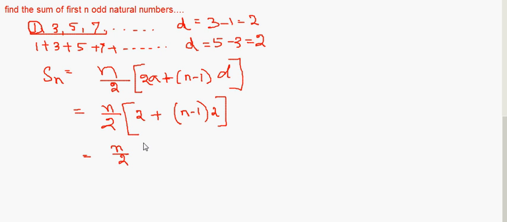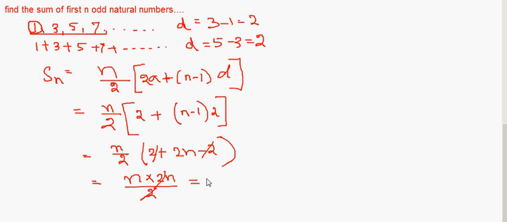So I am getting 2 plus 2n minus 2. This 2 minus 2 gives you 0, and then I'm left with n multiplied by 2n by 2. Again 2 gets cancelled. I'm getting n square. So the sum of the first n odd numbers will be n square.